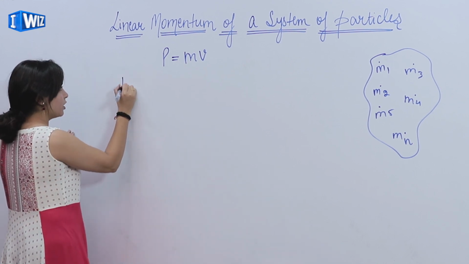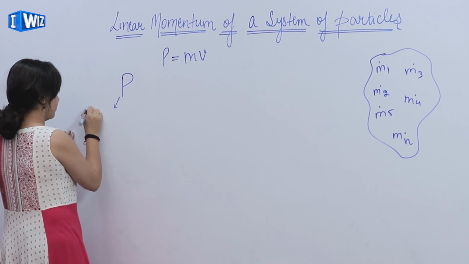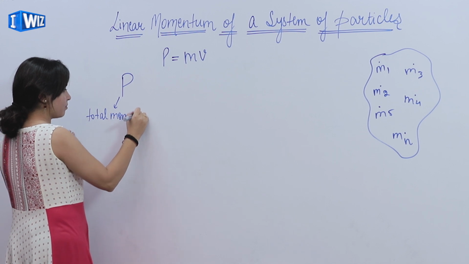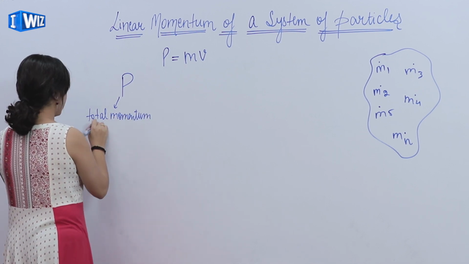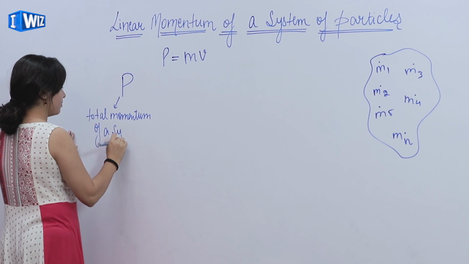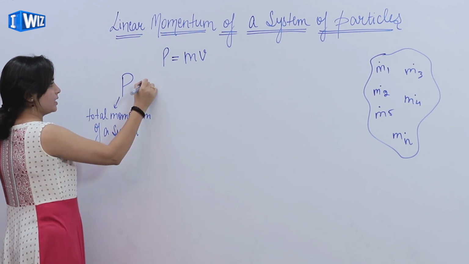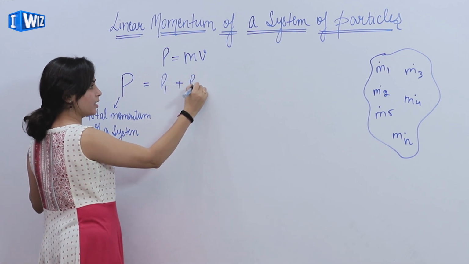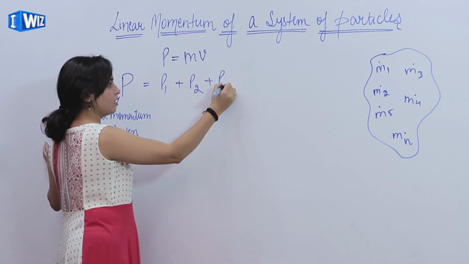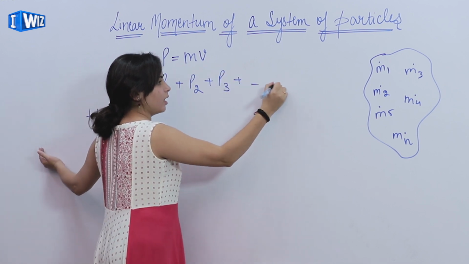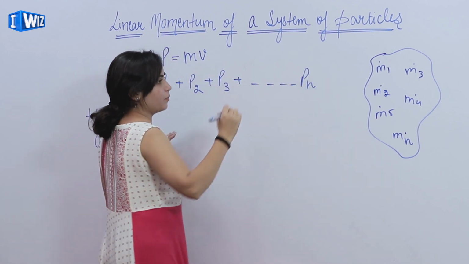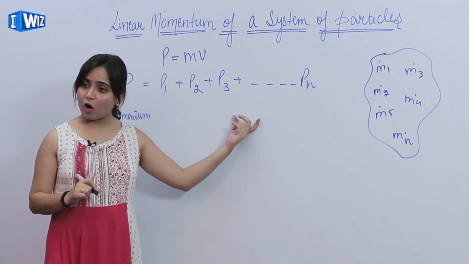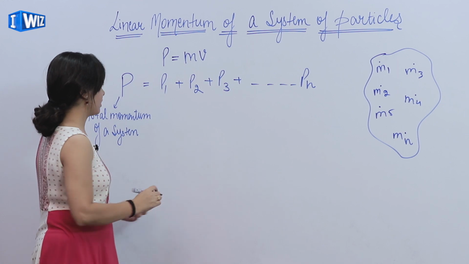Therefore, the total momentum of the system is given by momentum of first particle plus momentum of second particle, momentum of third particle, and so on up to the nth particle. That means the total momentum is the sum of all the momenta of the particles.